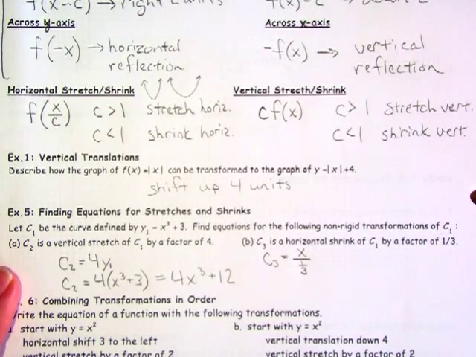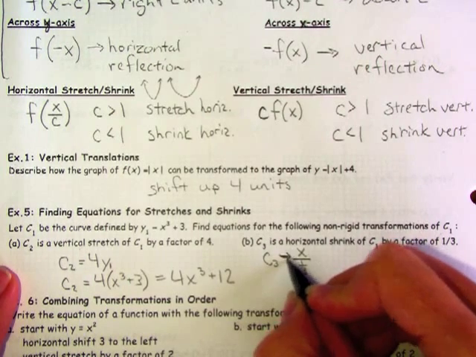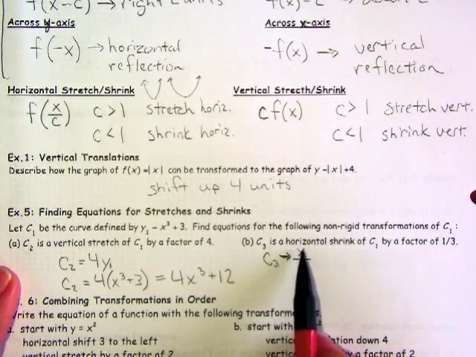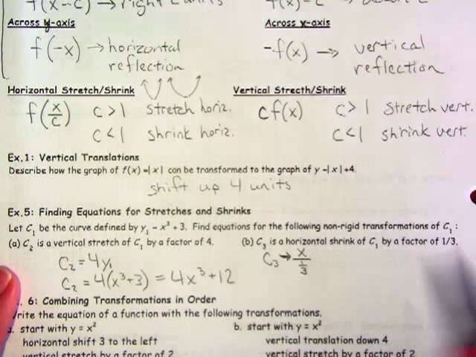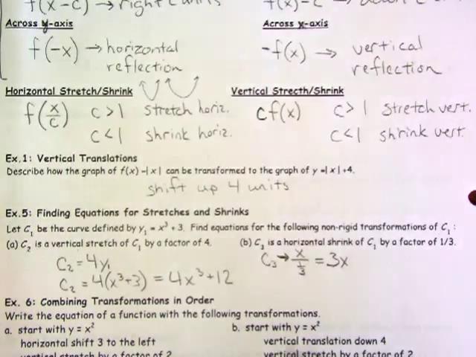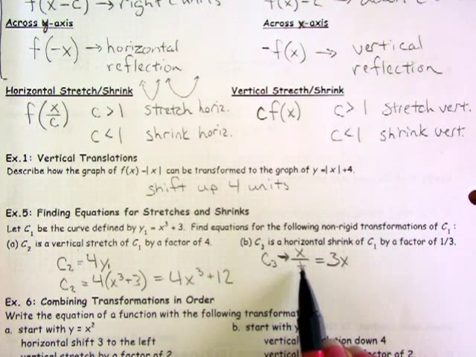All the x's, not equals, let's put an arrow there. Ultimately, to find our third curve, we need to take all the x values and divide by 1/3. Remember, division is multiplication by the reciprocal, so that's the same thing as 3x. So instead of dividing all my x's by 3, I'm actually going to divide by 1/3. I'm going to take them and multiply by 3.